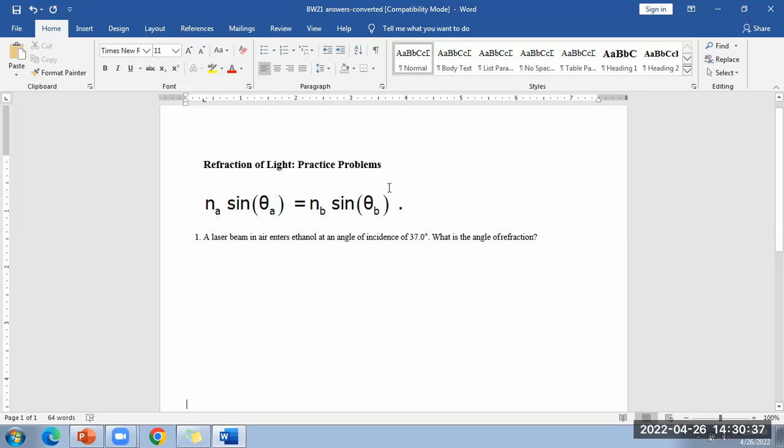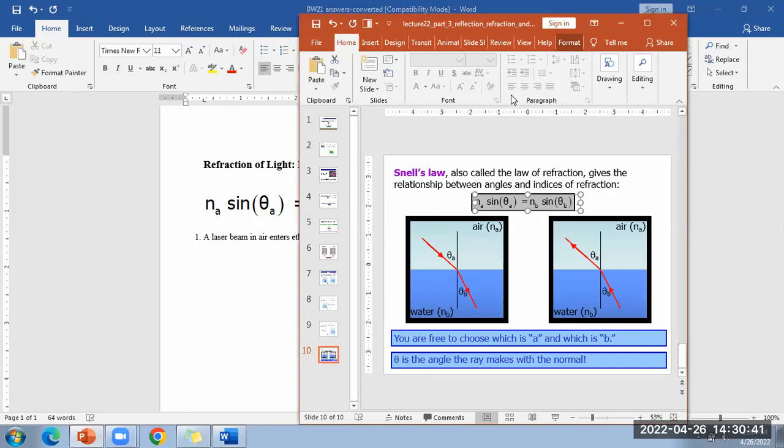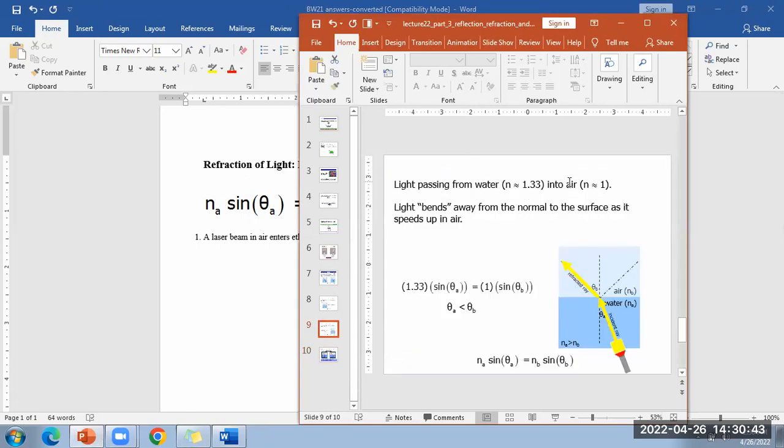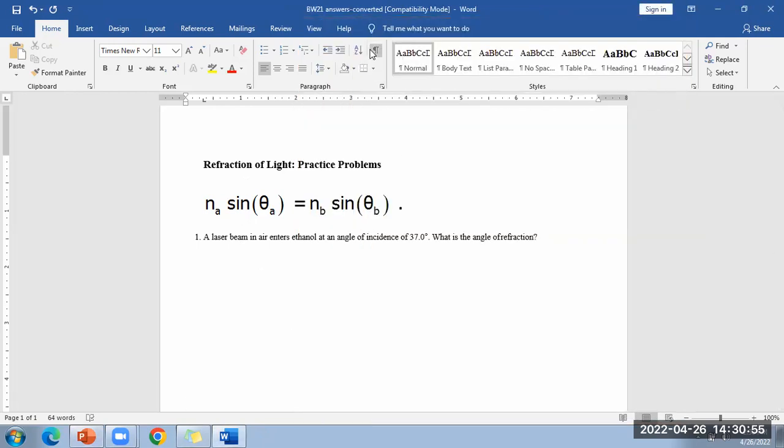Tapos hanapin natin yung n. Ano sabi dito? Light passing from the water into the air: pag water, n equals 1.33. Pag into the air, is 1. So anong n natin? N kasi into the air, so that is 1.